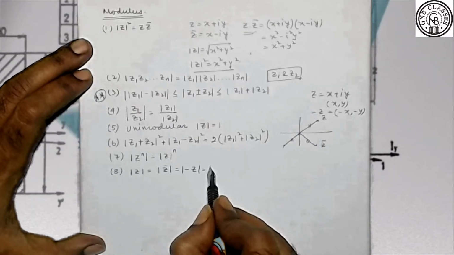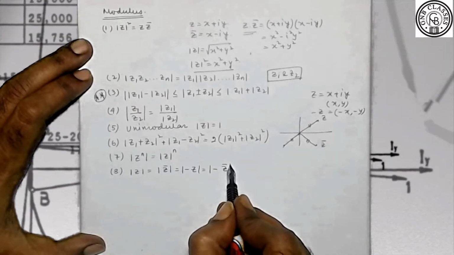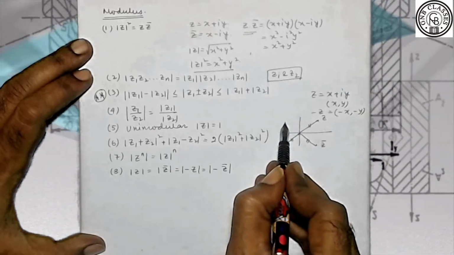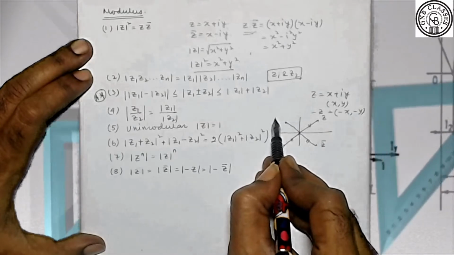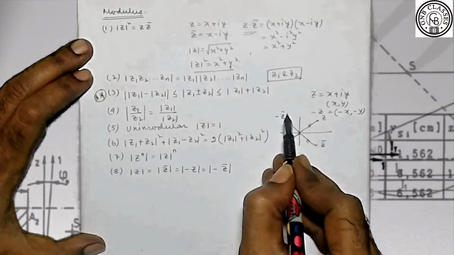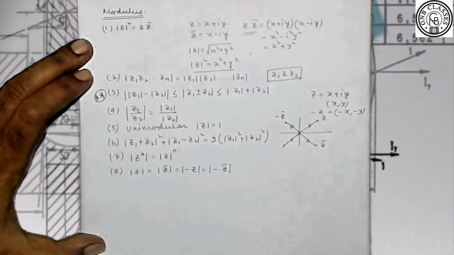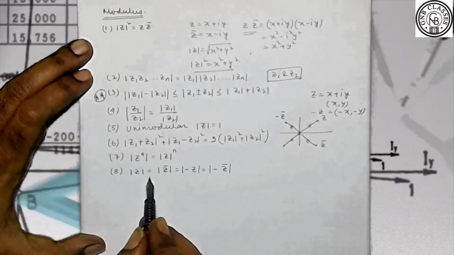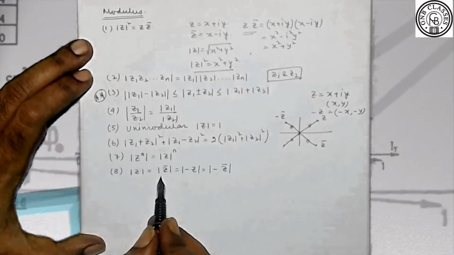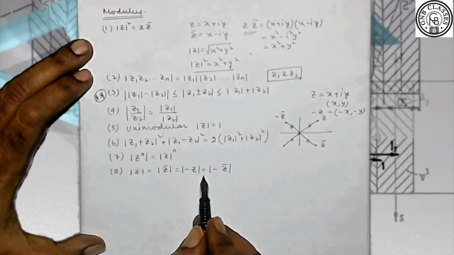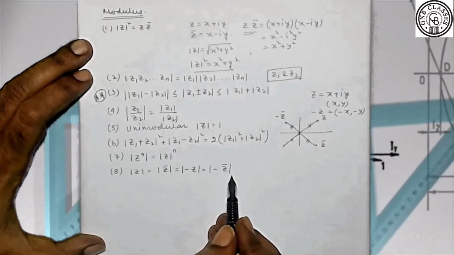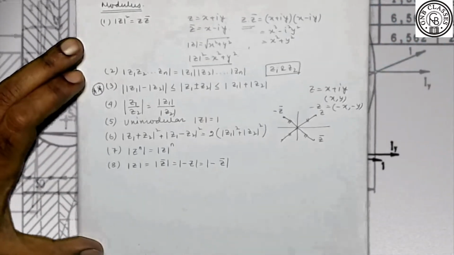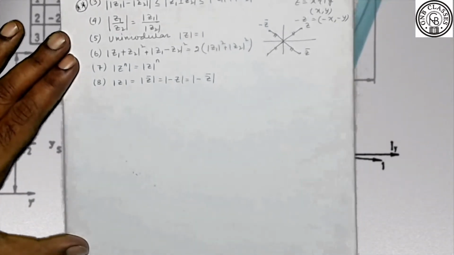It is same as modulus of minus z bar, because z bar is this point, so minus z bar will be somewhere here. Yes or no? But this length will remain same in that case also. So we must remember mod z is same as mod of z bar is same as mod of minus z is same as mod of minus z bar. Is it clear?